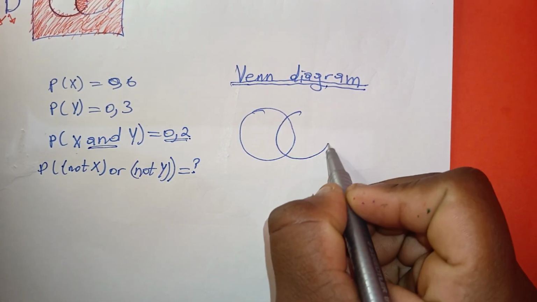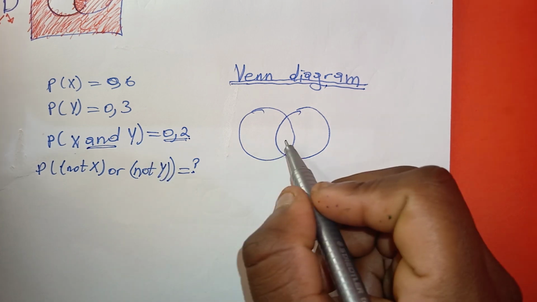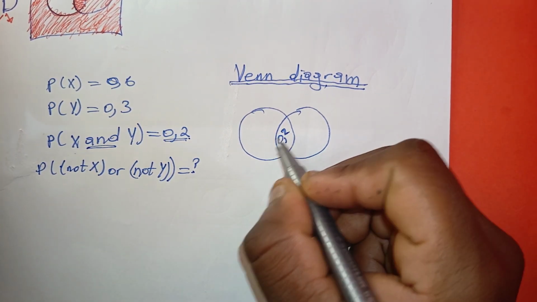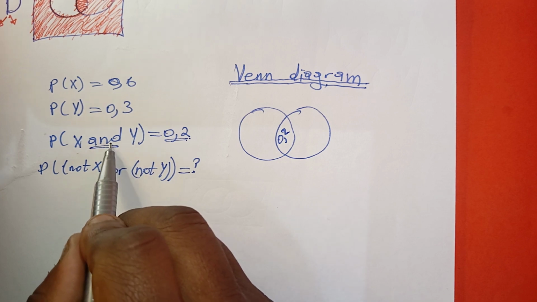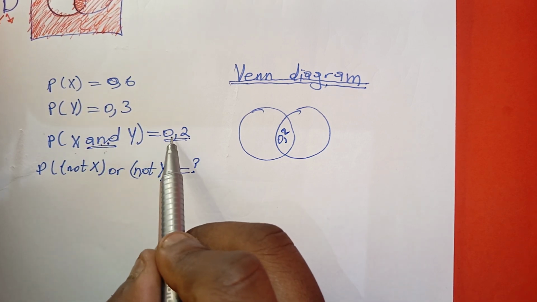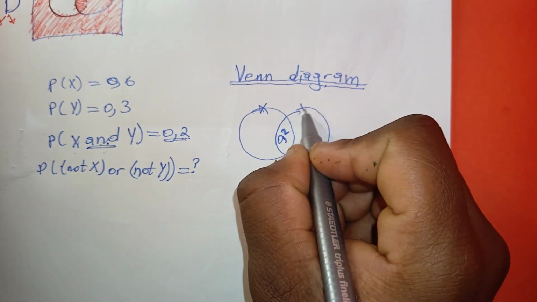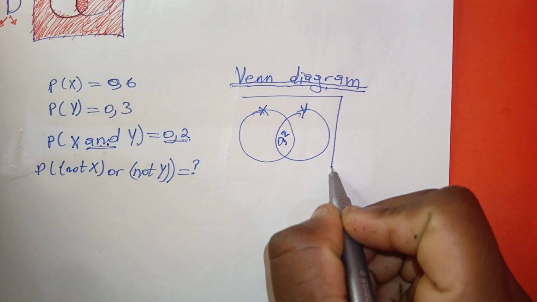If it was 0, it won't intersect. It means that it is mutually exclusive. When the intersection is 0, it means it is mutually exclusive. But now the intersection is 0.2, meaning this thing intersects x and y.